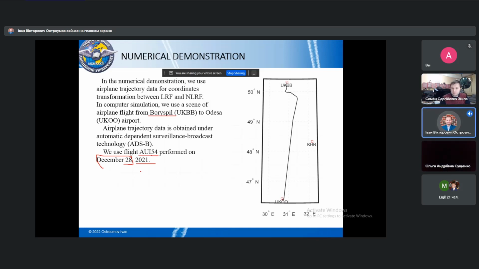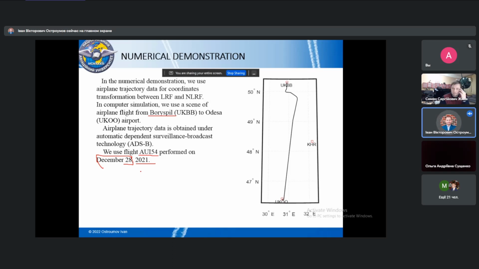The main idea is to simplify the solution of the navigation equation. In a typical situation, we measure a parameter, for example, distance, from some reference point.